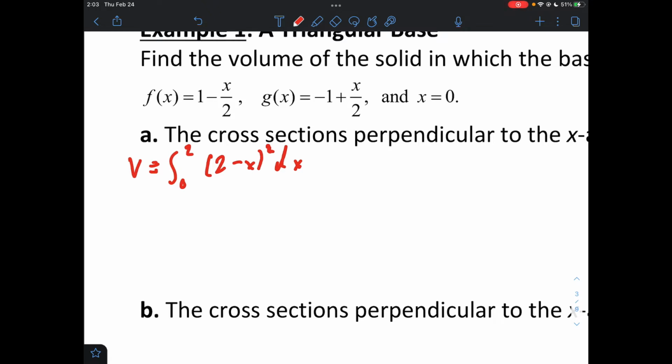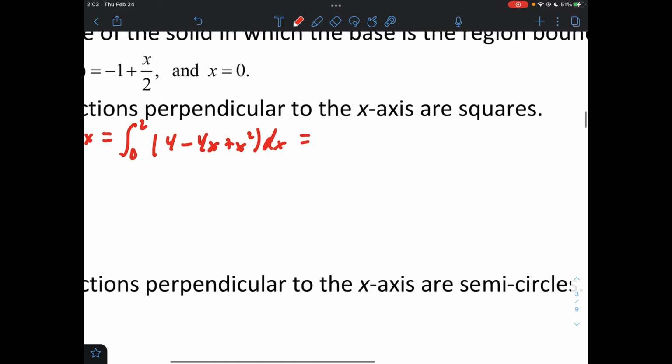Now our job is to take this integral. Before I take the integral, I'm going to multiply it out. That'd be 4 minus 4x plus x squared. Now we can take the antiderivative: 4x minus 2x squared plus 1/3 x cubed from 0 to 2.